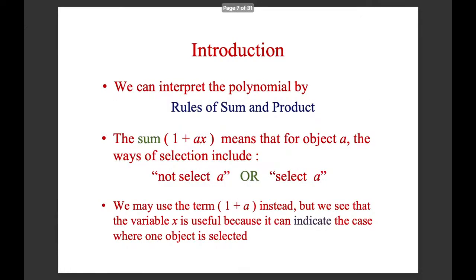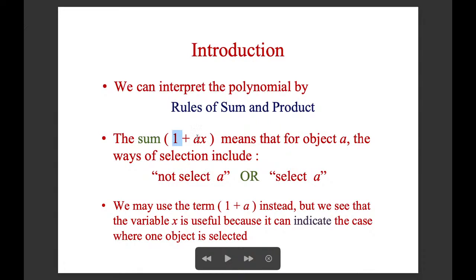So we can actually interpret the original polynomial this way: this counting problem, or selection problem, can be described by using the rules of sums and products. In particular, 1 plus ax means that there are two terms here, so we can select object A or not.